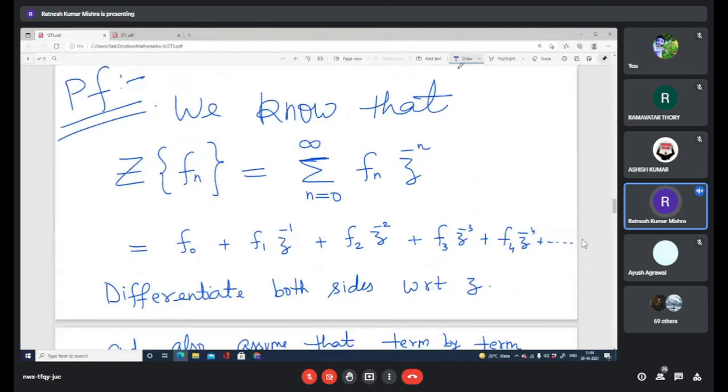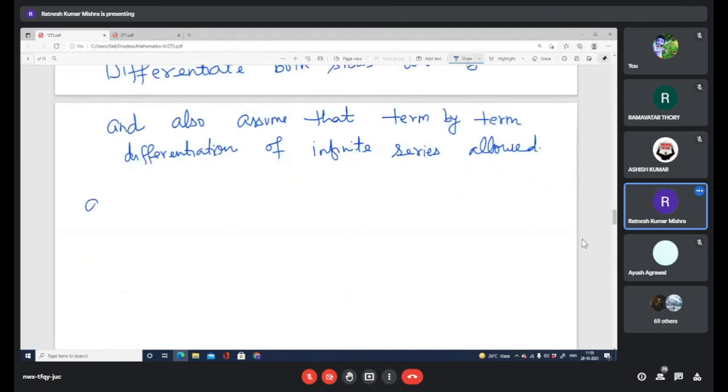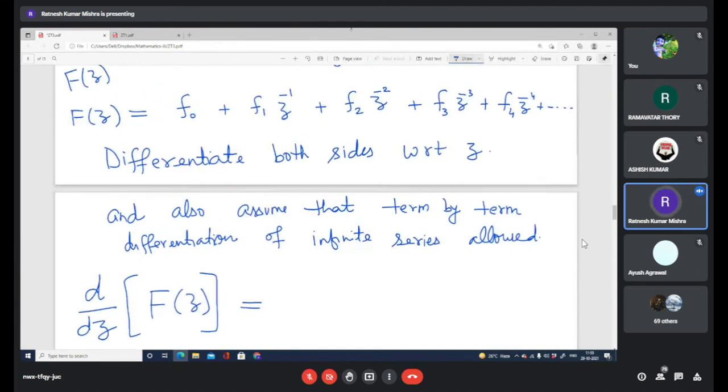So the left side, we can denote it by F of z. This is the Z transform of fn. So we write F of z equal to this one. Now differentiating both sides with respect to z, the left side is d by dz of capital F of z. This is equal to, differentiating with respect to z, the differentiation of f naught is 0.